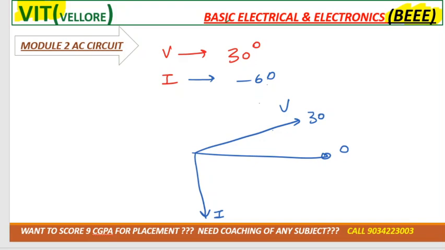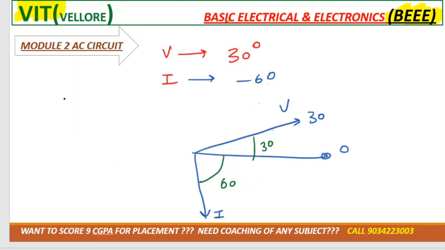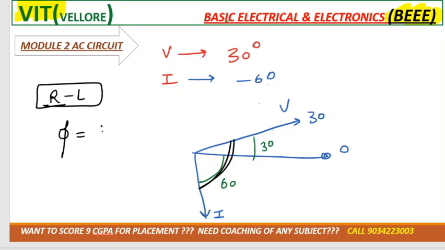Okay, now can you tell me in this case, voltage is leading or current is leading? That means current is lagging, right? So if current is lagging, that would be an inductive circuit. Inductive circuit means it is the combination of R and L. And how much is the angle between voltage and current? 90.